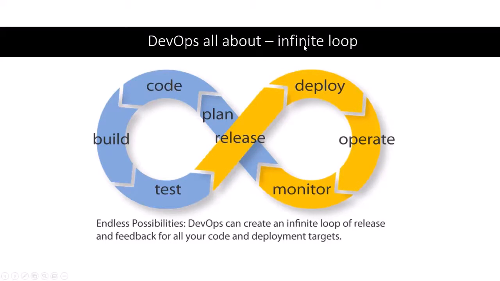Continuously we are doing this. The word continuous came from the lean methodology that is applied here. Agile follows all the steps, so we follow agile steps in DevOps. In this infinity symbol: plan, code, build, test, release. From release, it goes to production.